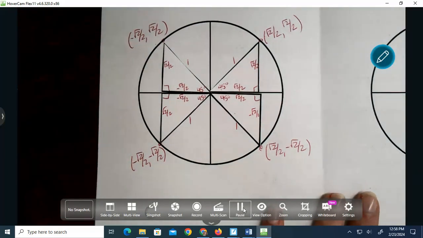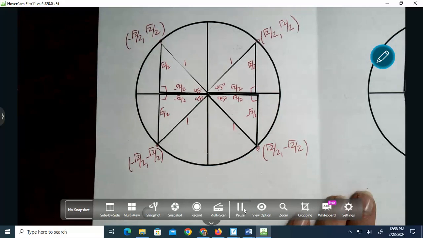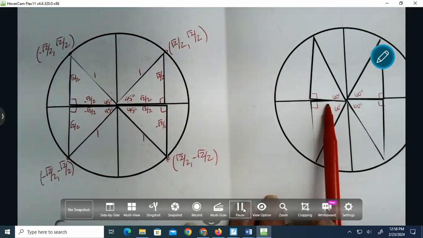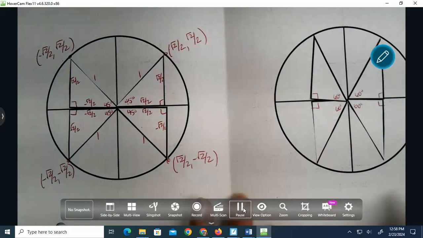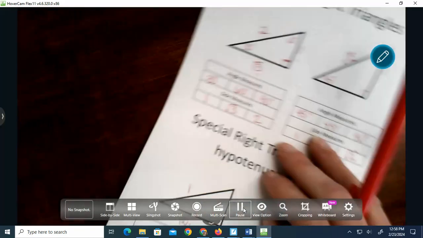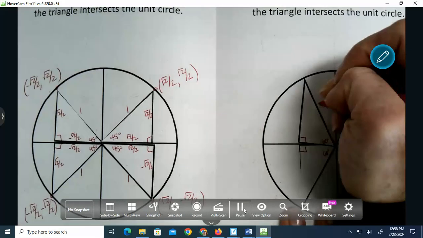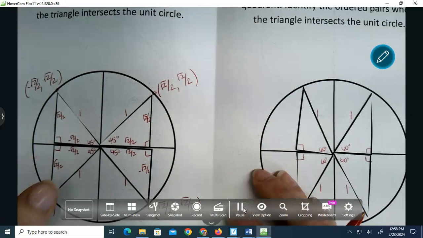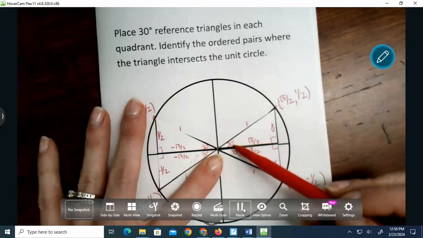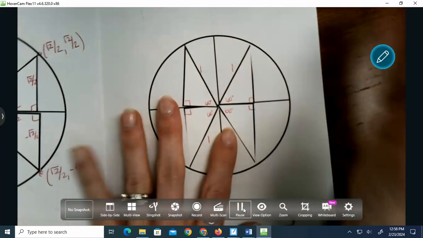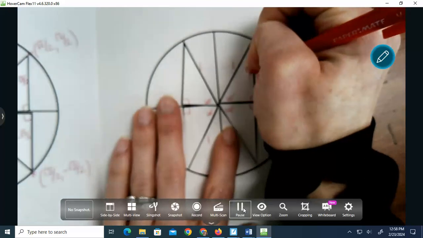So the final one we have to look at is when the central angle is 60 degrees. That is the same triangle as my 30, 60, 90, but the sides are flipped. So my radius is 1. If you look back, the side across from 60 degrees was radical 3 over 2. I didn't even write my degrees.